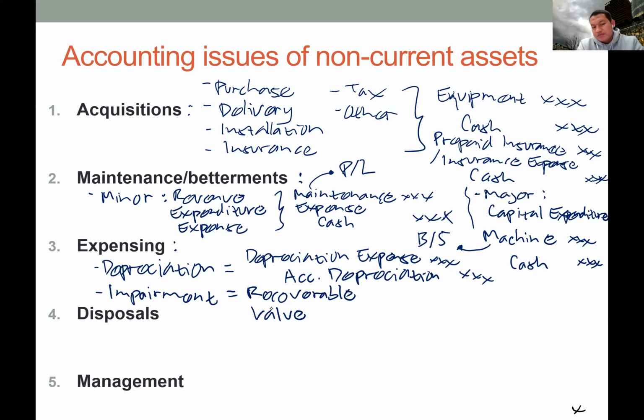They have to estimate the amount of cash that they will receive from this disposal, and then deduct the estimated selling expenses from that. Then they have the net profit if they decide to sell the asset. They have to compare this with the book value or the carrying value of the asset. If the recoverable value is lower than the book value, then the company needs to do some impairment.